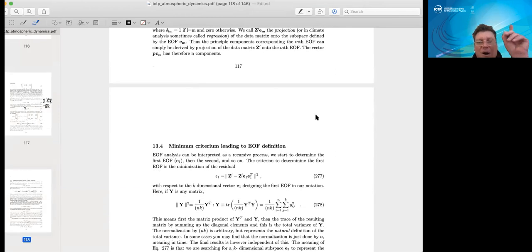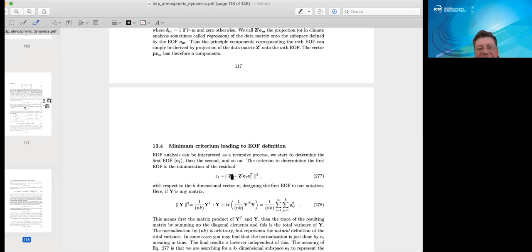Now, however, what is the criterion? How do I want to define this EOF? And that is very clear. We want to minimize the residual. We take the original data, but we want to express our data in this new space defined, in this case for example, by just one pattern. How much of the data can we express by just one pattern?